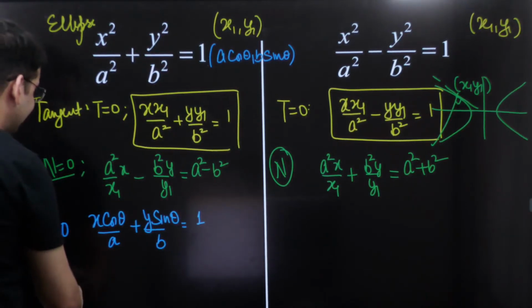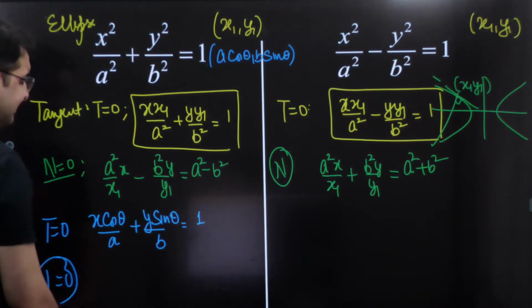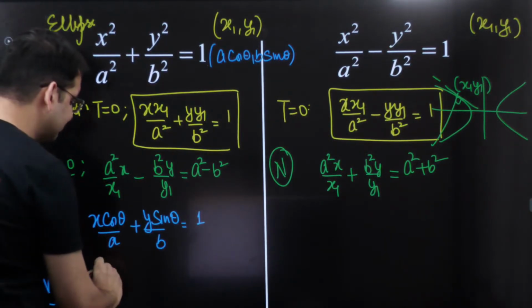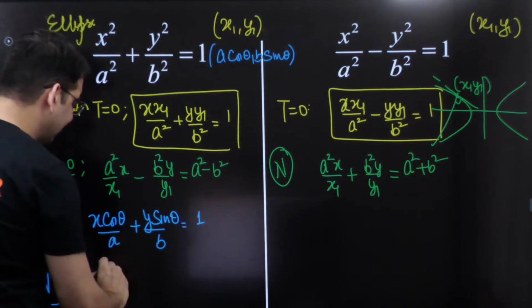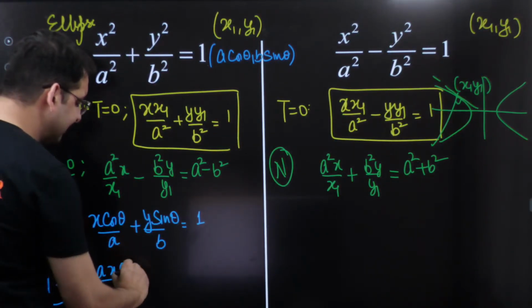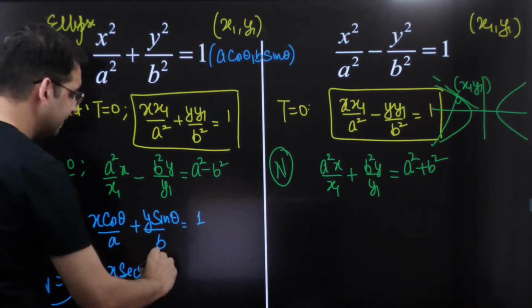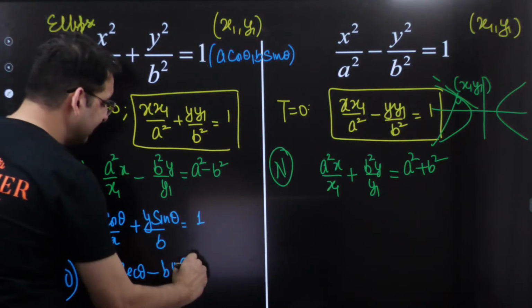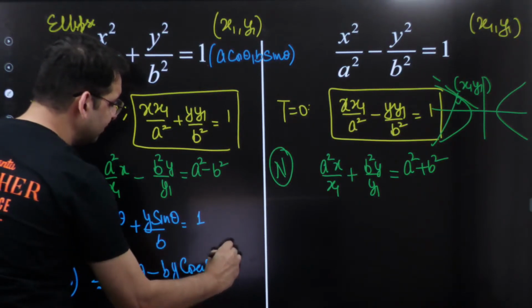Normal, same trick. We reciprocate the coefficient of x, so a goes up, x upon cos theta, that is x secant theta, minus b goes up, y upon sin theta, that is y cosecant theta, is equal to a square minus b square.